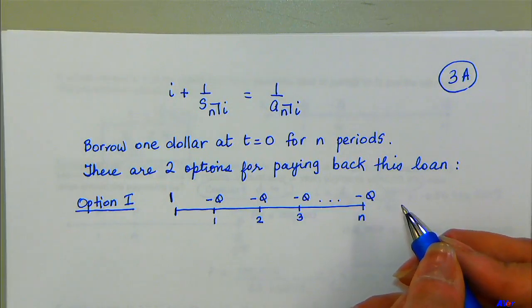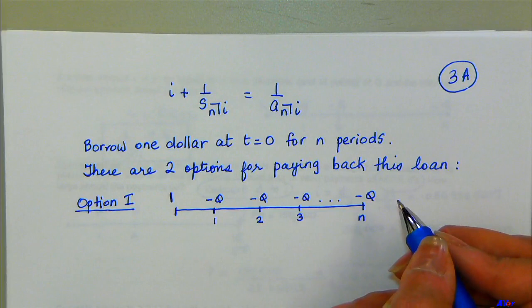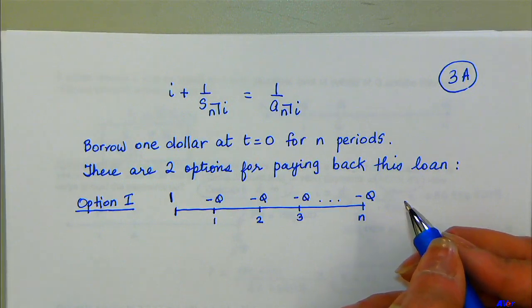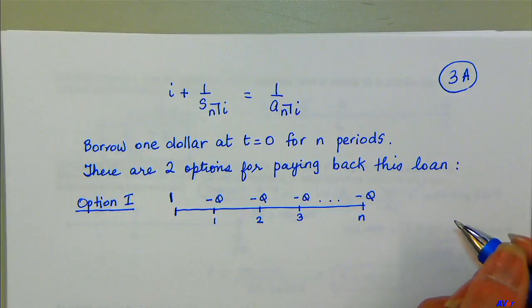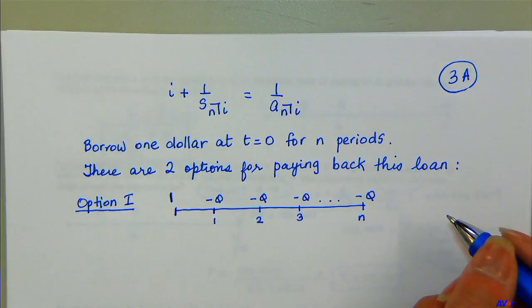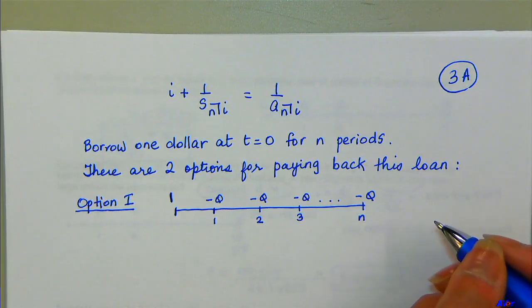Can you give me the present value of these payments in terms of Q? I want the time 0 equation of value. Bring everything back to 0. That's what I'm asking you to do.